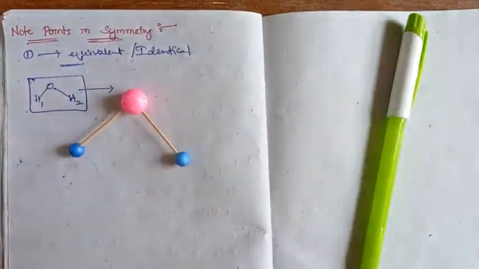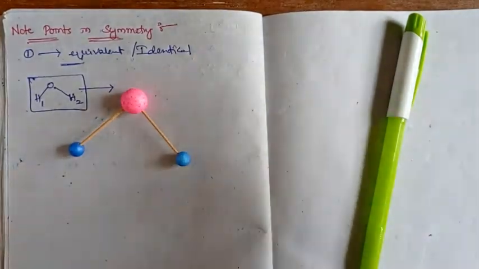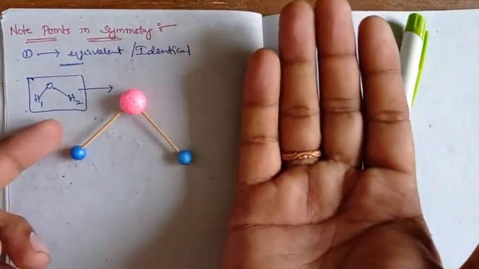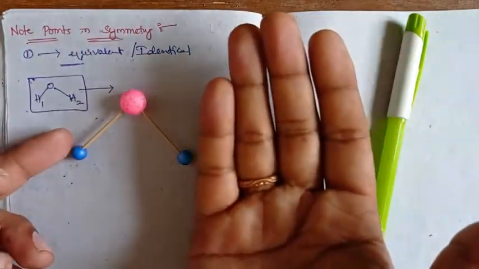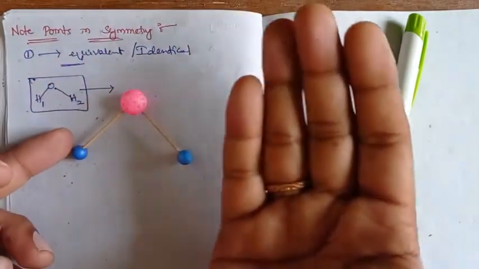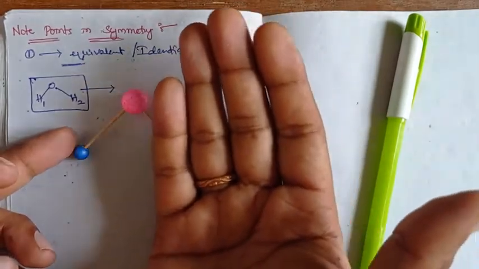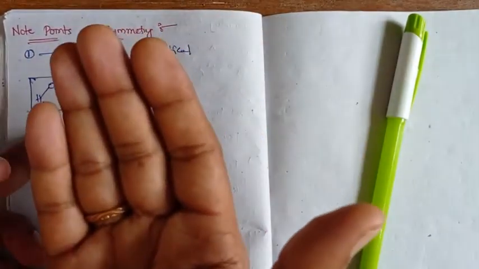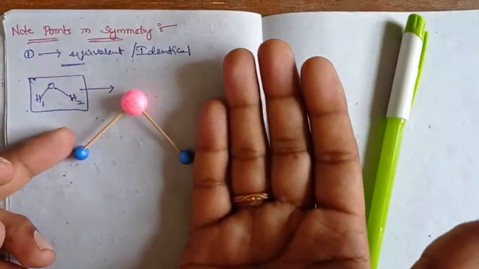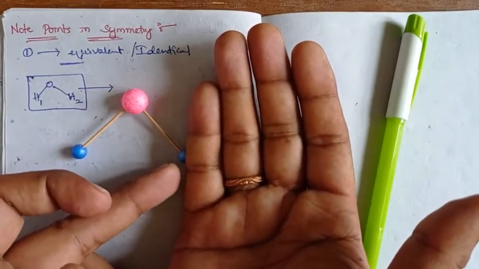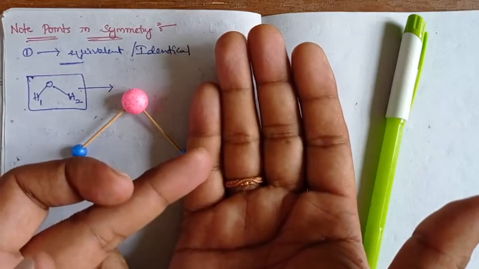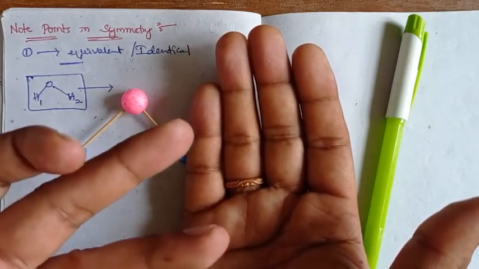This is the water molecule model, right? So here we are taking a plane which is passing through all the atoms. While it is passing through all the atoms, it bisects them into half parts, right? While it is crossing the hydrogen atom, the hydrogen atom will be bisected into two parts, bisecting being nothing but cutting into halves.